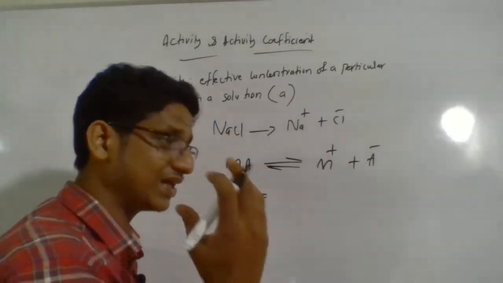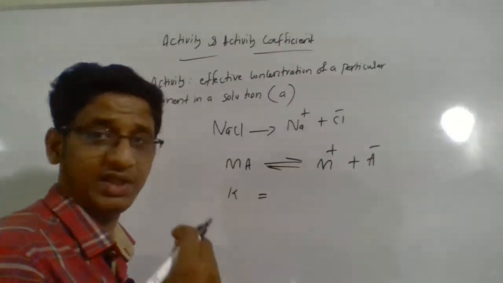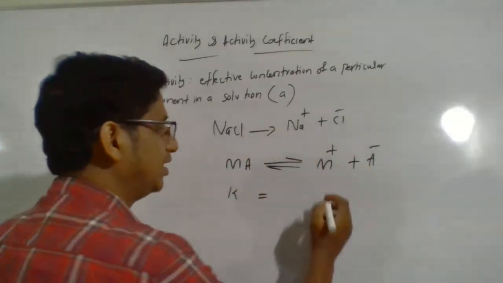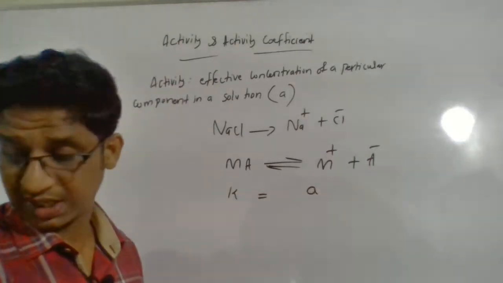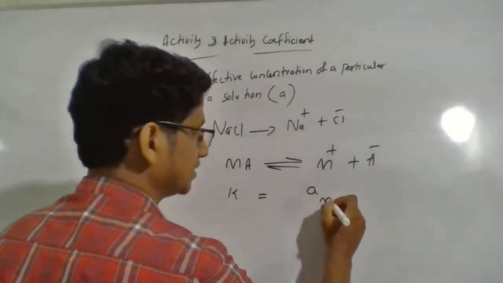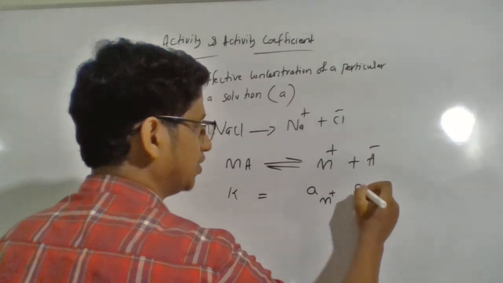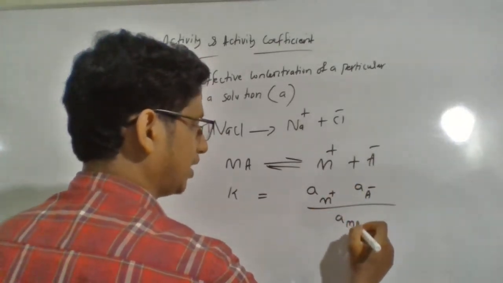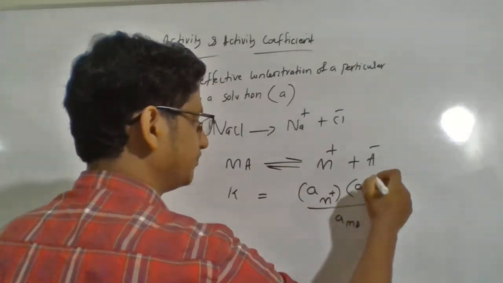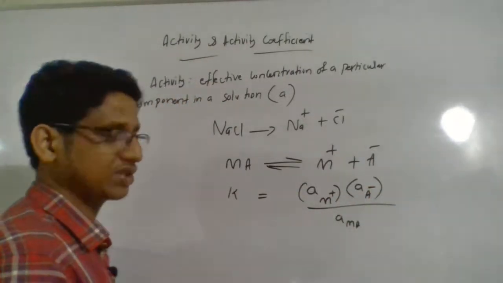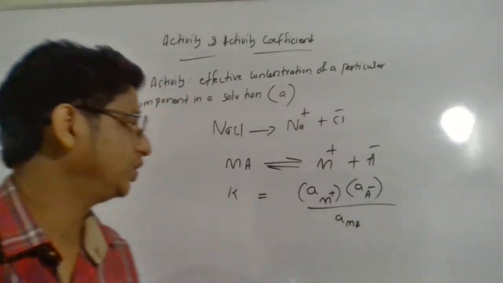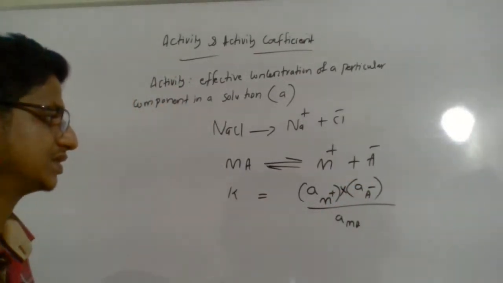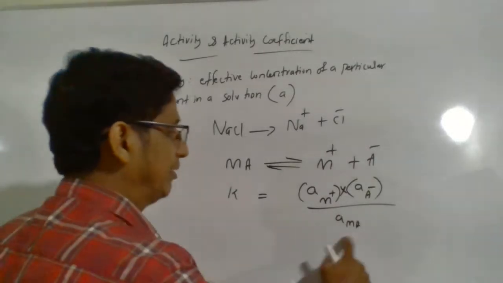Now, instead of concentration, we introduce activity: activity of M plus into activity of A minus divided by activity of MA.